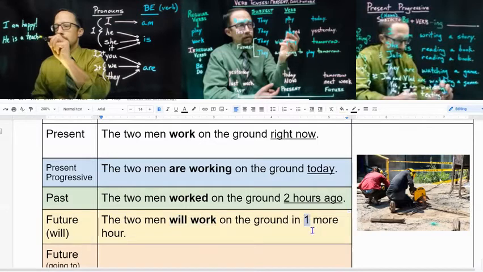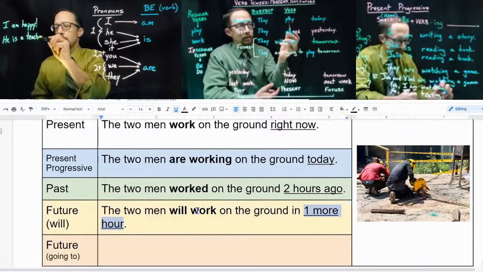We'll say in 1 more hour. All right, let's go down to the other future. Going to, right? The 2 men. And now we have to say are because it's 2 or more, are, and then we say going to plus the verb work.